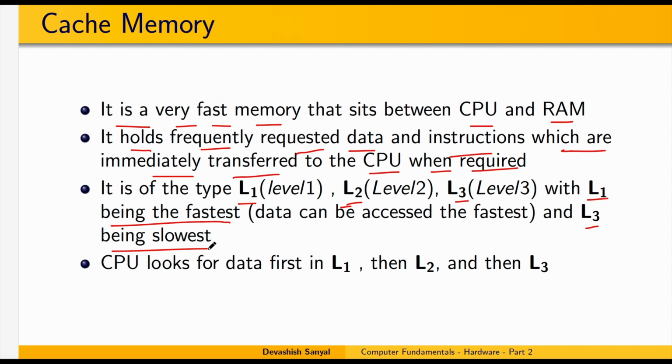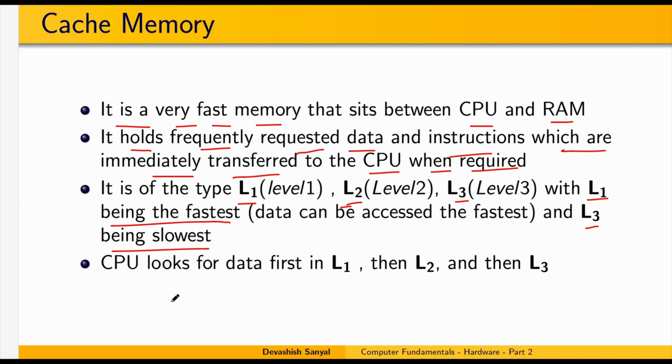So you can forecast that L1 can contain very little data, then comes L2 and then L3. Of all these cache memories, L1, L2 and L3, L3 can contain the maximum information.